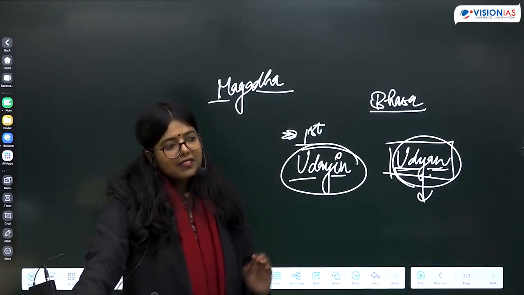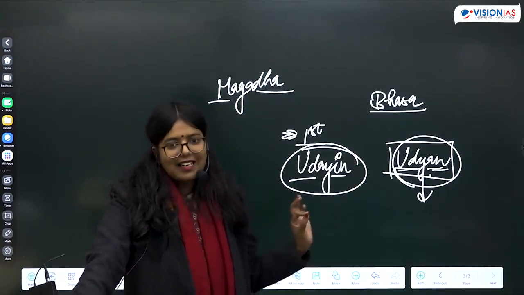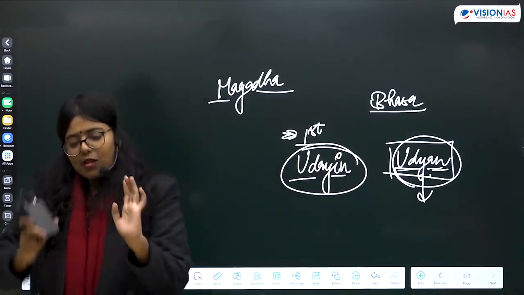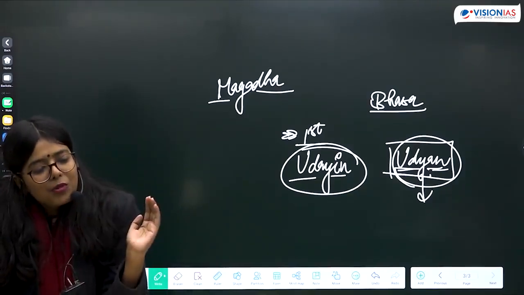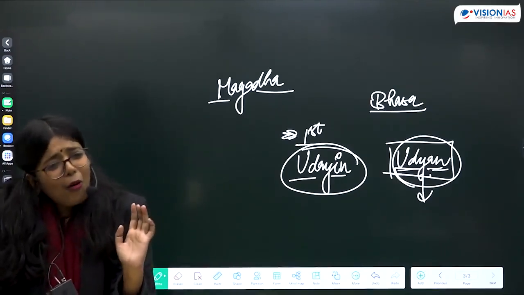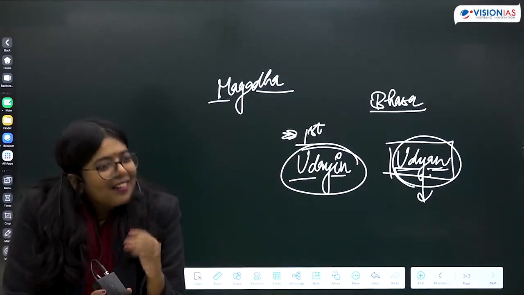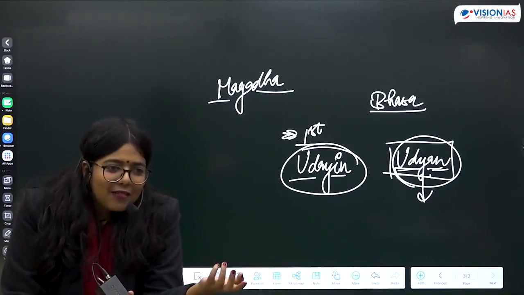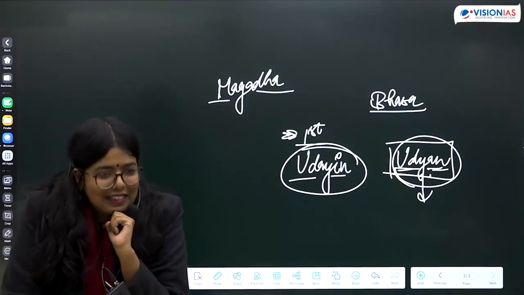So, Swapnavasav Datta is a writing where, see what happens with this character Udayan. He falls in love with a lady and then he keeps crossing the mountains, rivers, and he is taking all the pains and he is going, meeting the girl, telling her that I am in love with you, and somehow she is also telling him that she had seen him in a dream.